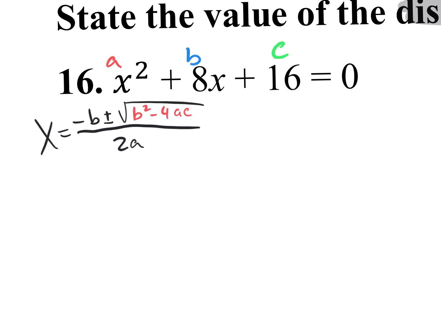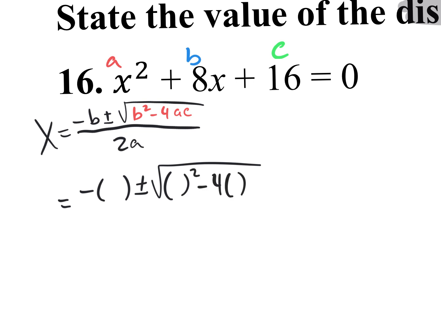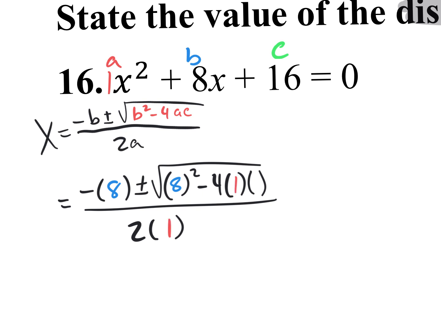Whenever you use the quadratic formula, I recommend that you rewrite it with parentheses: -b plus or minus the square root of b squared minus 4 times a times c, all divided by 2 times a. And then you could easily plug in your b value of 8 right here and right there, the a value of 1, which is the 1 in front of the x squared, right there and down here, and the c value of 16 in that last parenthesis.